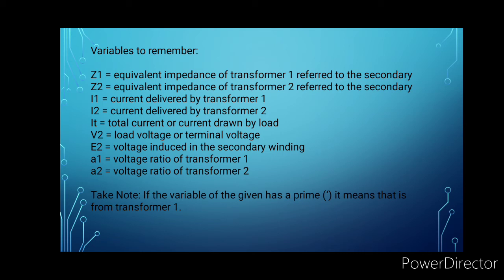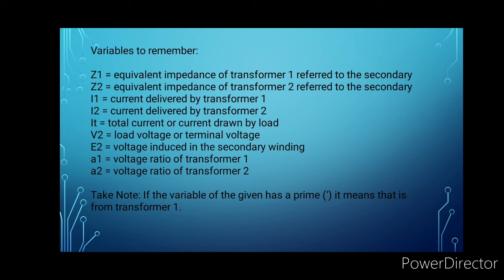I sub 2 is the current delivered by transformer 2. I sub T is the total current or current drawn by the load. V sub 2 is the load voltage or terminal voltage. E sub 2 is the voltage induced in the secondary winding. A sub 1 is the voltage ratio of transformer 1, and A sub 2 is the voltage ratio of transformer 2.